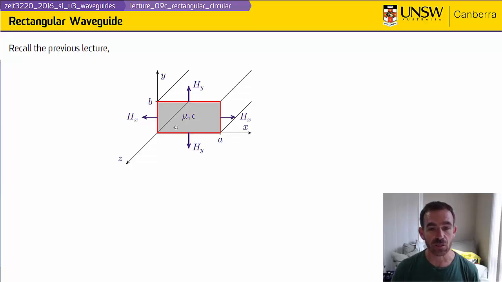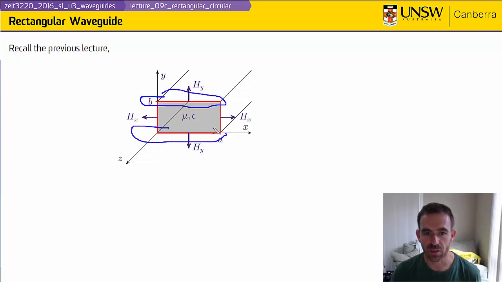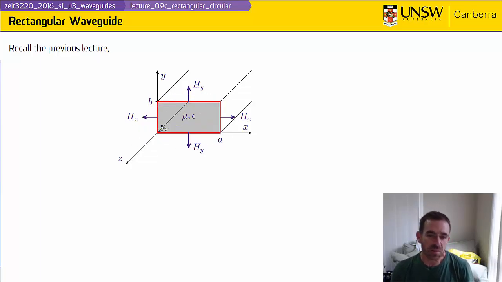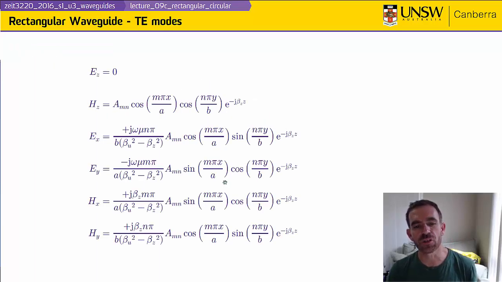So at x equals 0 and x equals a, the normal component of the magnetic field is H sub x, and that H sub x is equal to 0 at the left and right walls. Likewise, at the top and bottom walls, H sub y is equal to 0, as we see here. Going through those formulas allowed us to come up with a mode distribution.